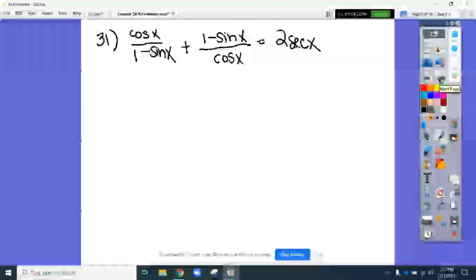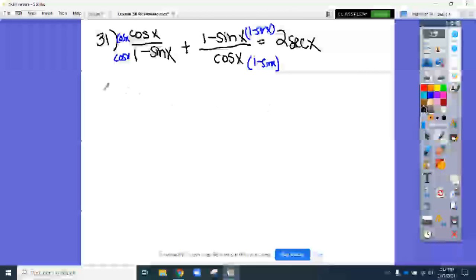31. All right, for number 31, I am going to do a common denominator. So I'm going to give the first fraction a cosine in the top and bottom. Notice I'm showing that. I'm going to give the second fraction a 1 minus sine in the top and bottom.